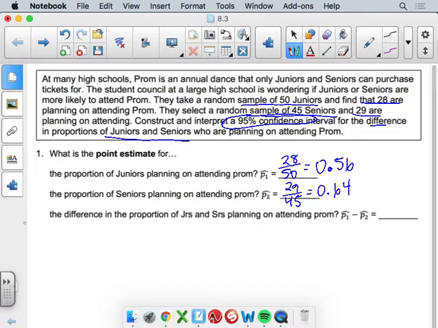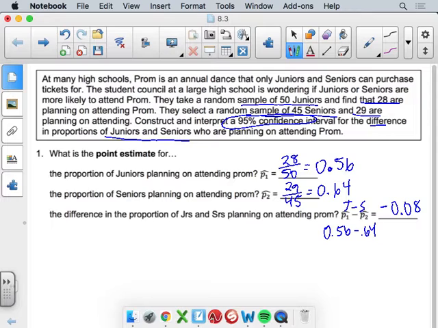We're just going to get what that is. So 0.56 minus 0.64 is a negative 0.08, because we did junior minus senior.